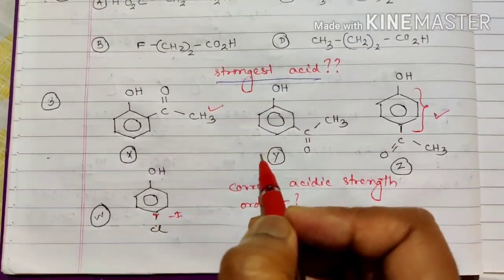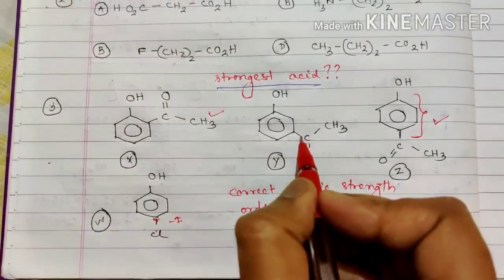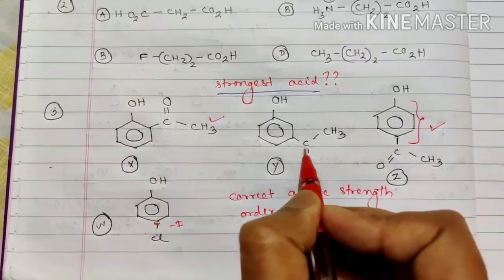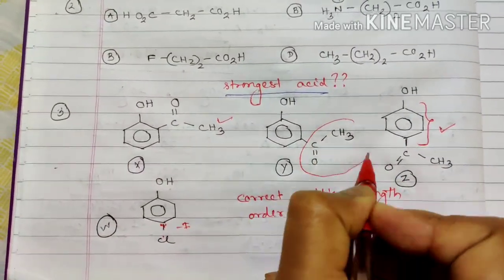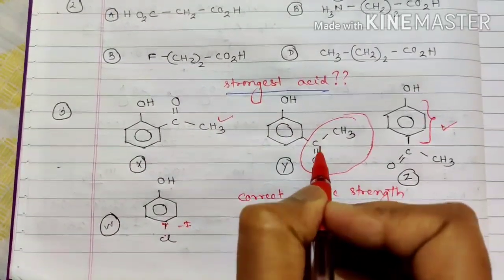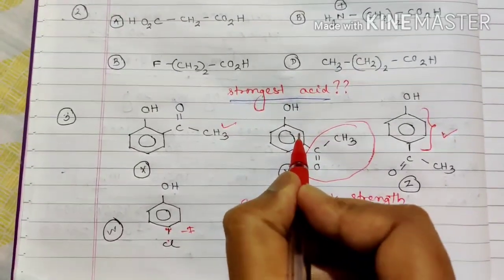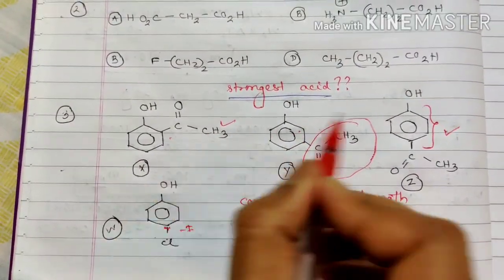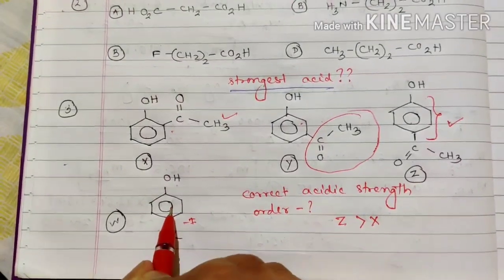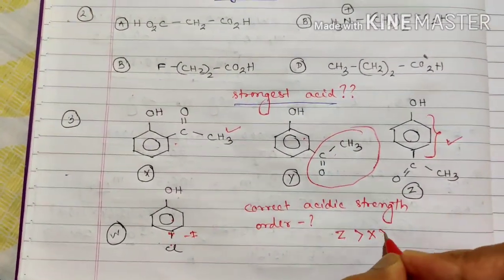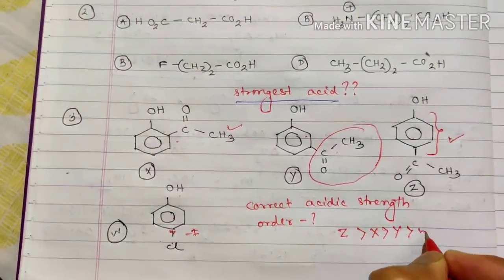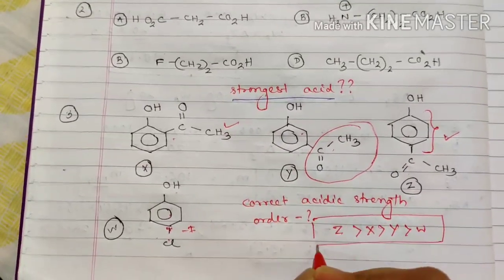Minus I is definitely not as strong as minus R. Here the withdrawal can take place. This group has a tendency, but it is not in direct conjugation. So it will not be as stabilized as these two, but compared to W, it will be better. So Y, then W. So this is the correct order.